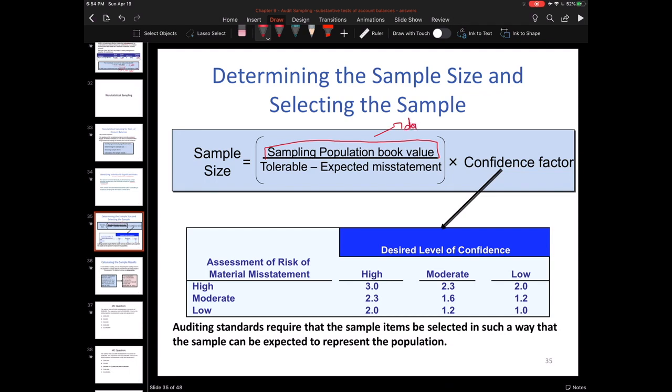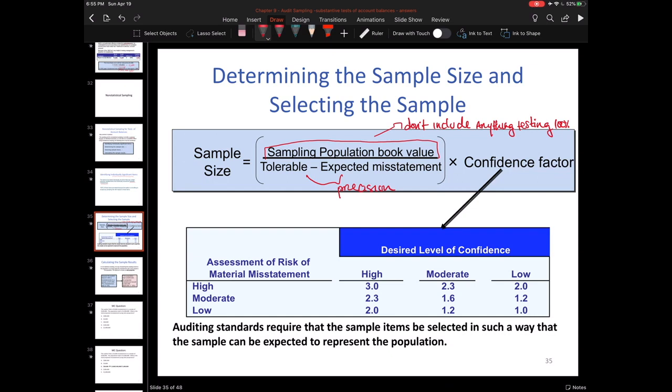So don't include anything you're testing 100%. We'll see an example of that later. And the denominator is just your tolerable minus expected misstatement, which we talked about before is this idea of precision. Then you're multiplying it by a confidence factor.